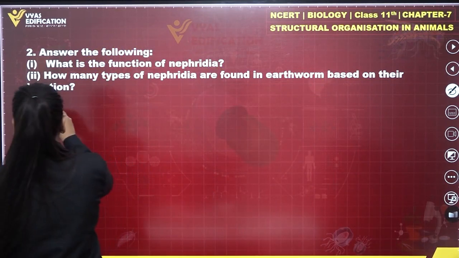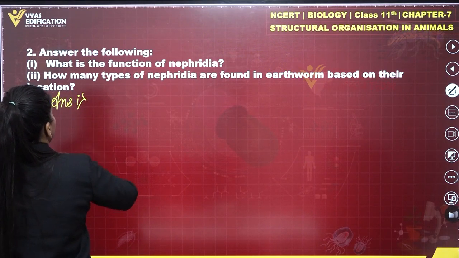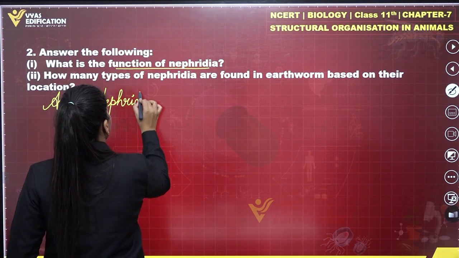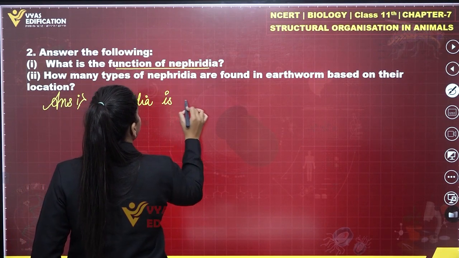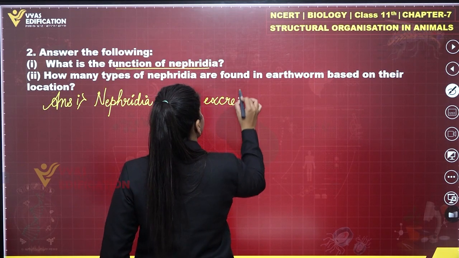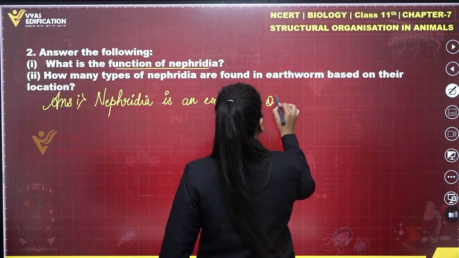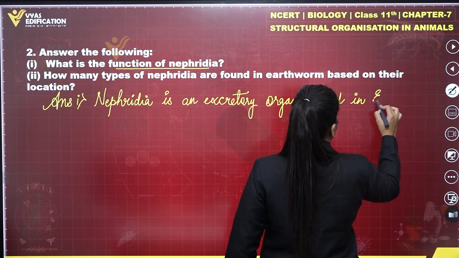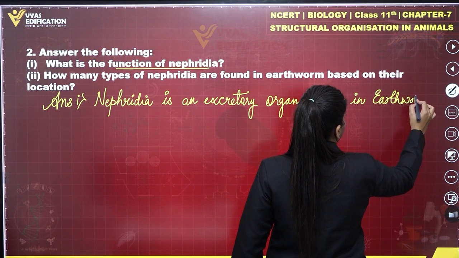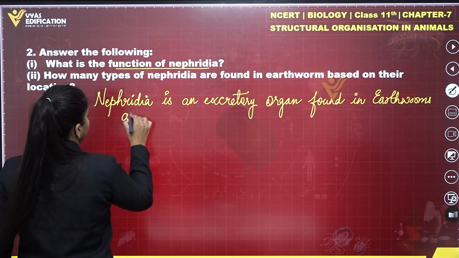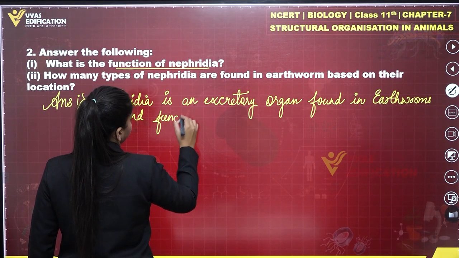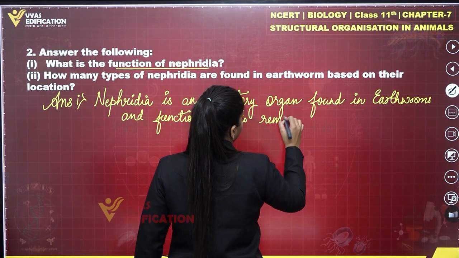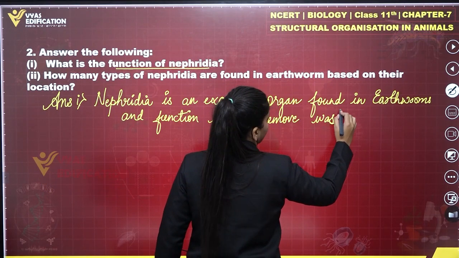Answer number 1, or the first part we are going to write. If we talk about the function of nephridia, we know that nephridia is an excretory organ found in earthworms, and functions to remove waste from the body.